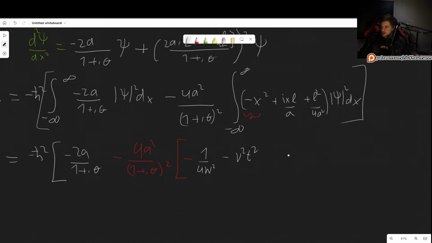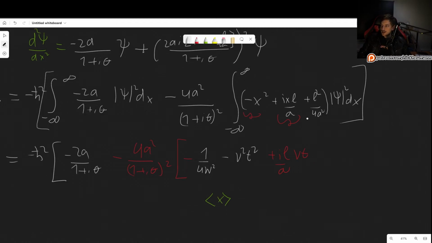Okay, so now this is the first part. Now let's continue with the second integral. Here we get iL over a times the integral from minus infinity to infinity of x psi squared dx. But once again, we already found that. That is the expectation value of x, and what we found as a result for that part is that it is v times t, h bar L over m times t.